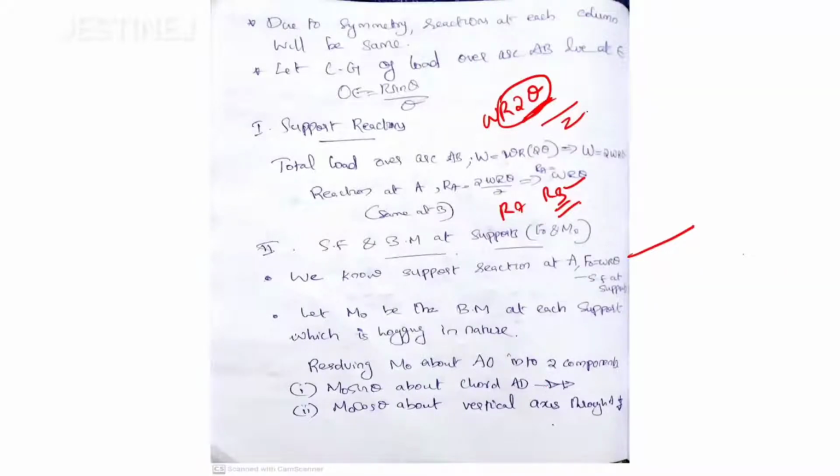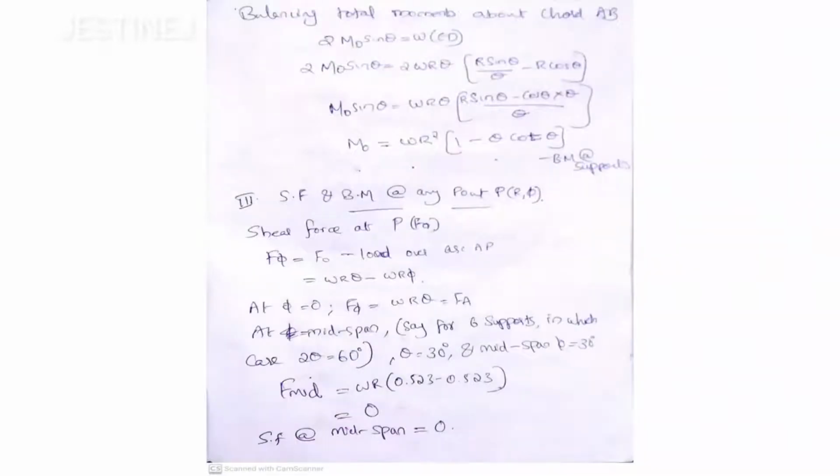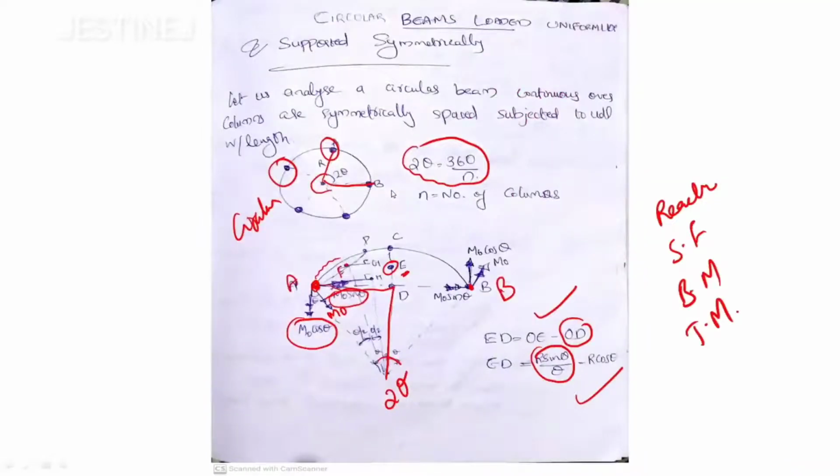And if you resolve all the terms, we already discussed this M0 sin theta and M0 cos theta, according to balancing the moments about the chord AB. If you observe here, this is your AB. From this support A, there is M0 sin theta, and from the support B, there is also M0 sin theta. Both are acting in the same direction. And here at the point E, the total load is also acting.